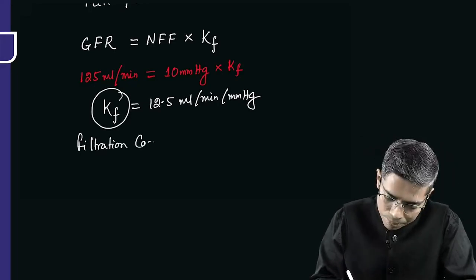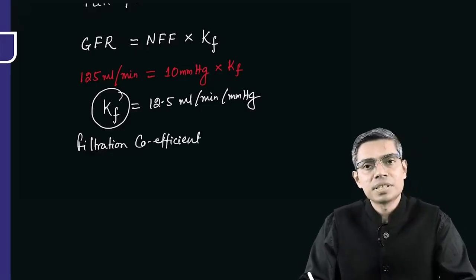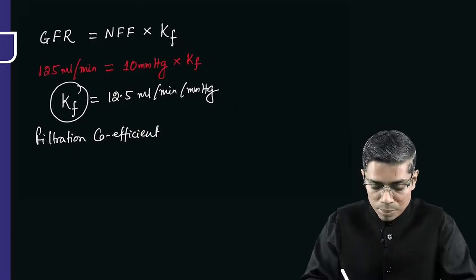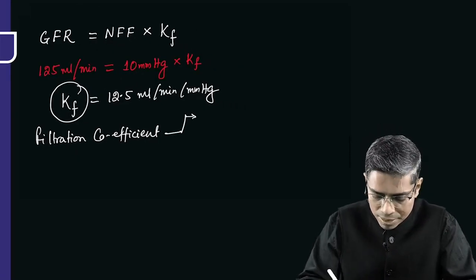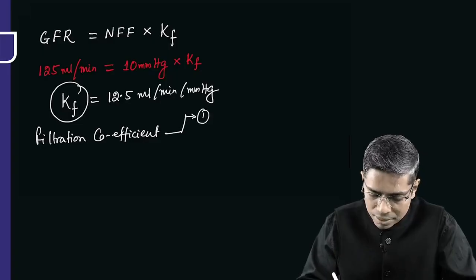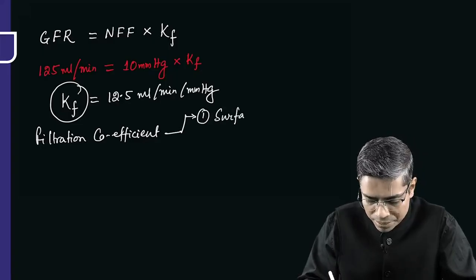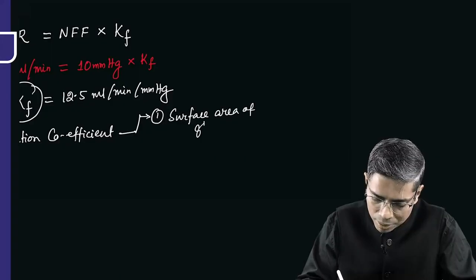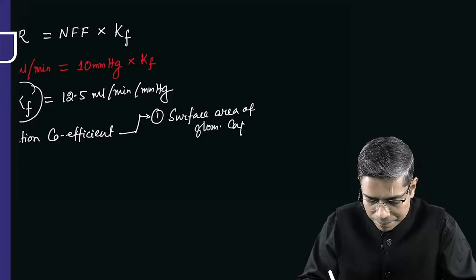This filtration coefficient depends on two parameters that you also have to remember. And what are they? Number one, the total surface area of glomerular capillaries.